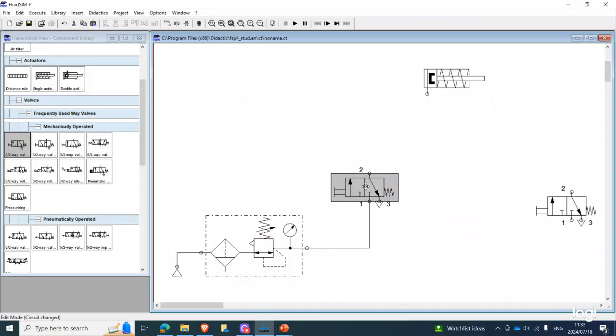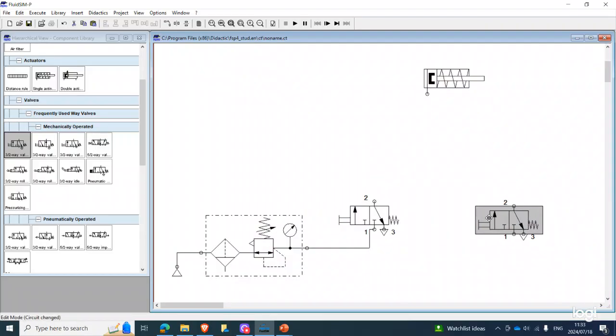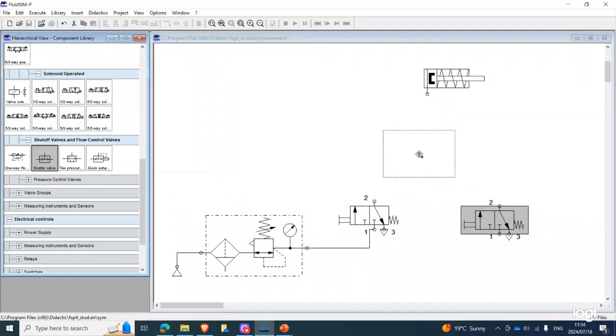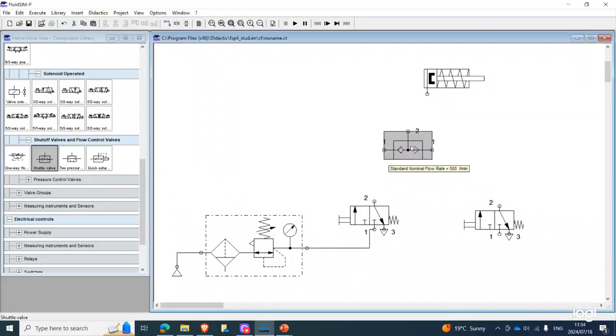So to make sure that we can control from both the loading or unloading side, we need to push one. This is for the loading side, and this one is for the unloading side, right? And we need to create a condition that allows us to control from either of the directions. So now we use what we call an OR gate, right?